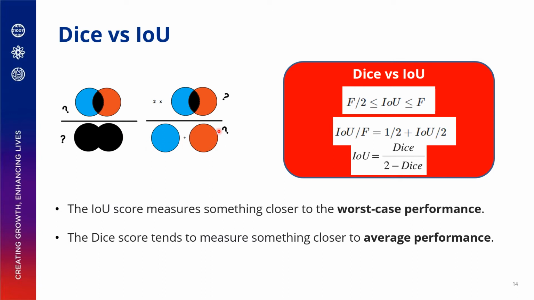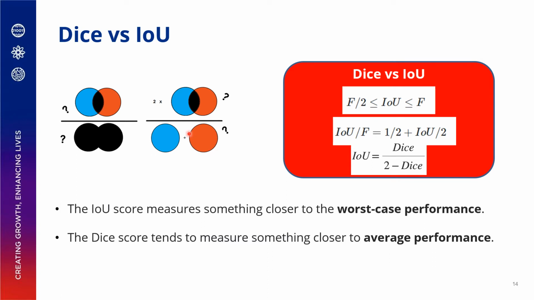Your foreground was 0, and you also correctly identified that there is no crack in that image. That means your proposed foreground is also 0. You run into this issue of 0 divided by 0 in both cases, and you want to avoid that.